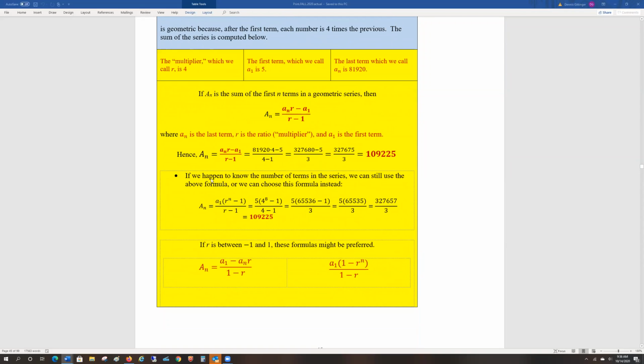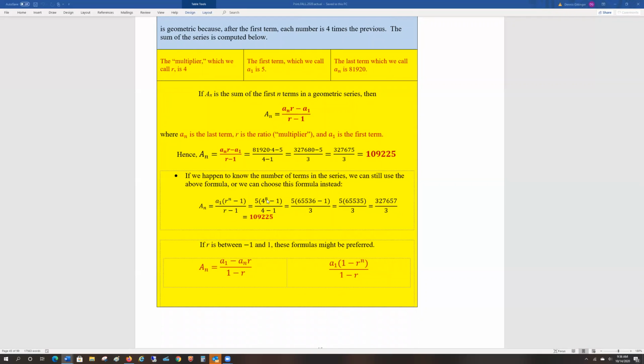Okay, now it says if we happen to know the number of terms in the series, we can still use this formula, or we can choose a different one instead. This is the typical formula that people use when they assume that you know how many numbers there are. So that would be 5 times r to the n. Now I put 8 here.